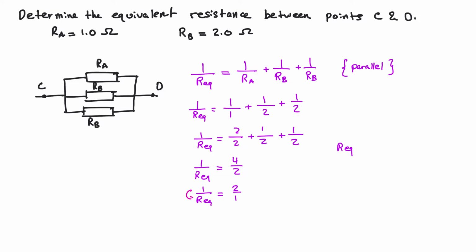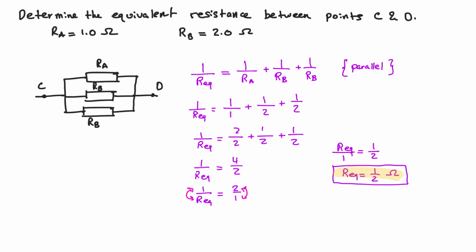You switch these two and you switch these two, and then you have R equivalent over 1 is equal to 1 over 2, which just means that R equivalent is equal to 1 over 2 ohms. You can leave it like this, or you can write this as 0.5 ohms. Both answers are acceptable, but this is the final answer.